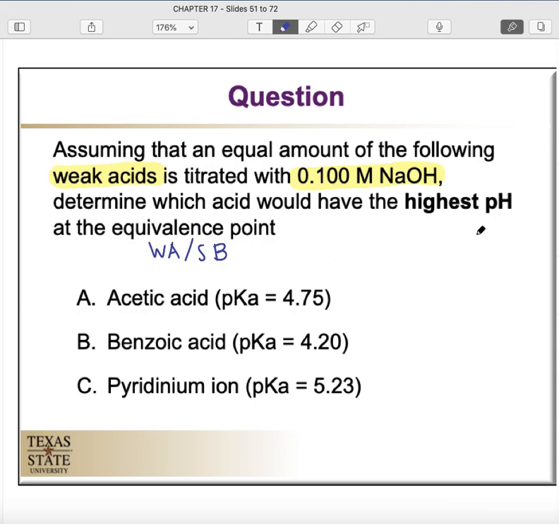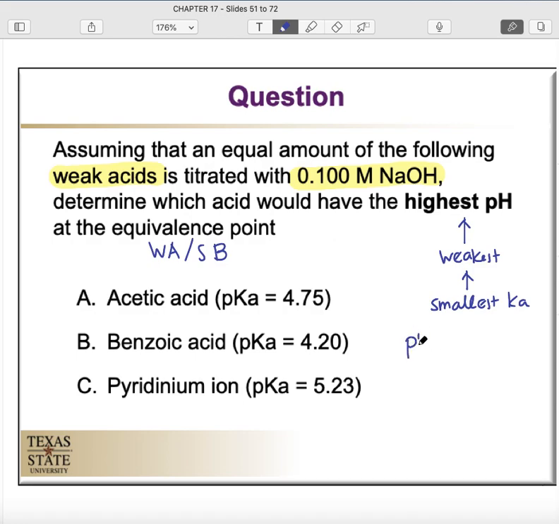All right, so highest pH at the equivalence point, according to the previous slide, would have been the weakest of the acids. And the weakest of the acids would be the one that has the smallest Ka. And since the information that we actually have is pKa, not Ka, we need to look at the relationship between pKa and Ka.